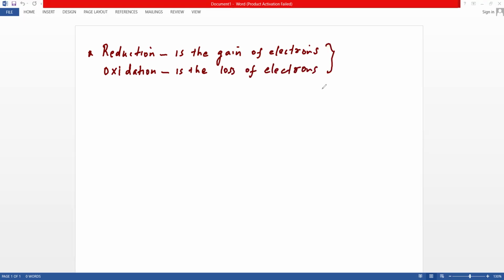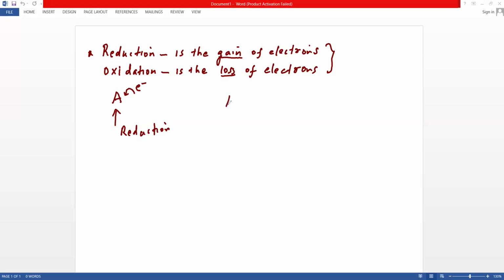If they say define the term reduction or oxidation in terms of electron transfer, then you have to say reduction is the gain of electrons and oxidation is the loss of electrons. In other words, if a substance gains electrons, we say this substance undergoes reduction because it has gained electrons.